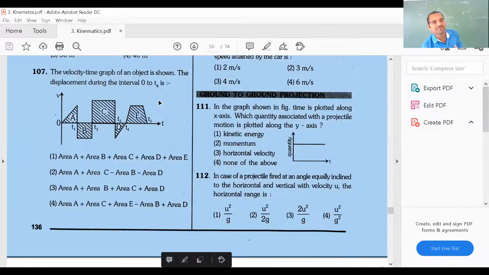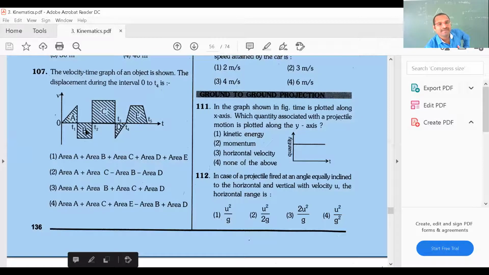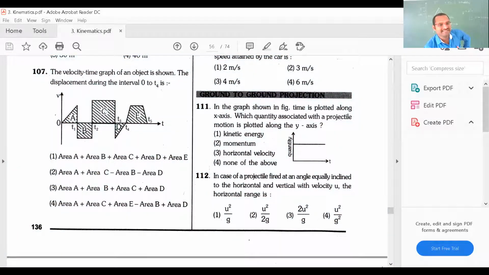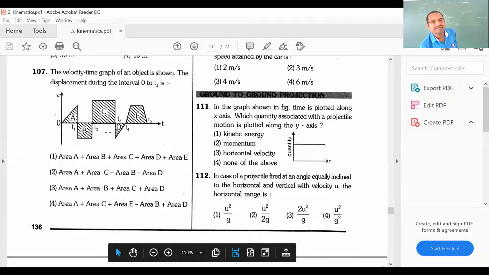So your answer should be area of A minus area of B plus area of C minus area of D. So where is the option? Area of A minus area of B is there, then plus area of C, minus area of D.